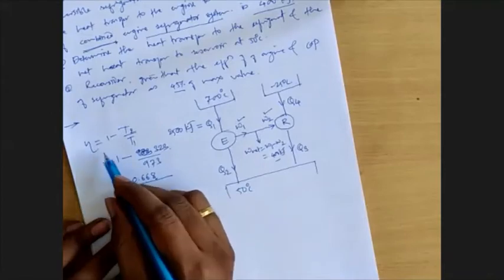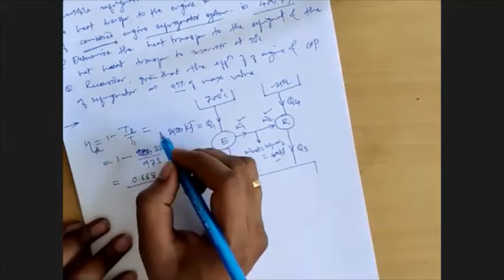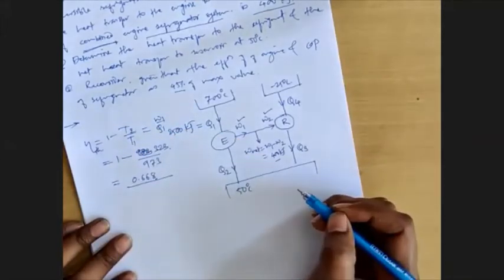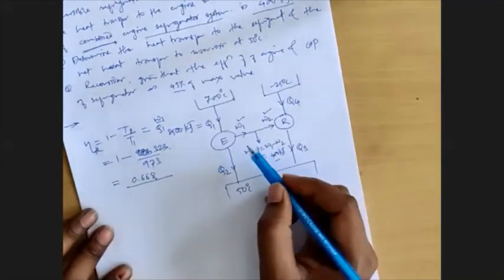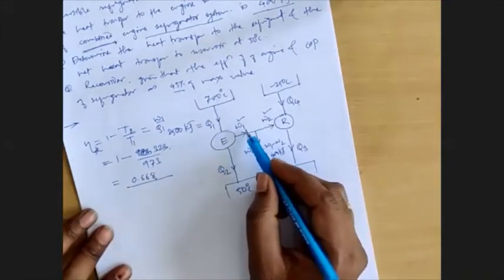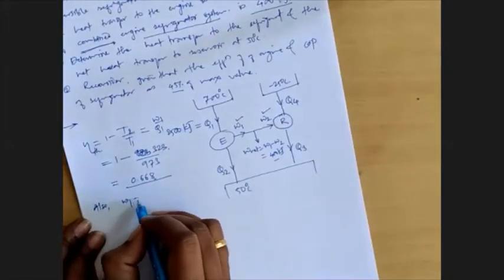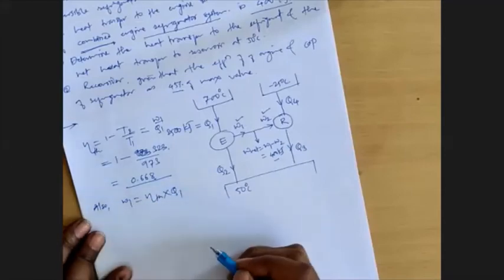So we have got this η thermal. Also, η thermal is equal to W1 by Q1. That is an alternative relation, right? That we know. So I need to find this W1. W1 is equal to η thermal into Q1.